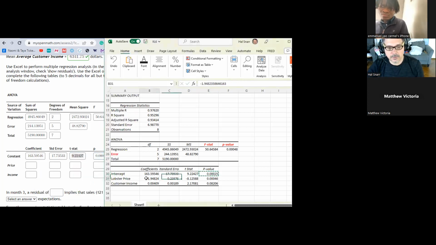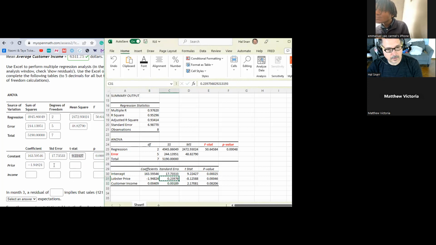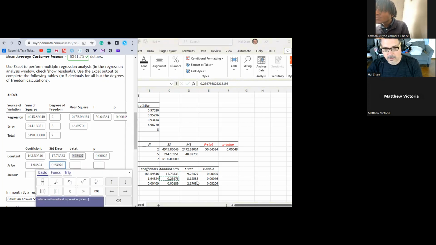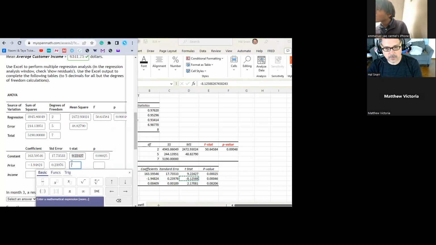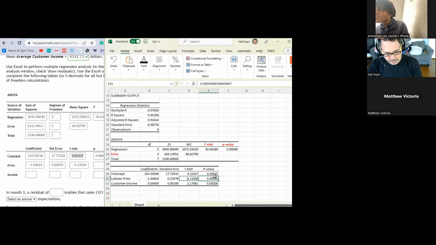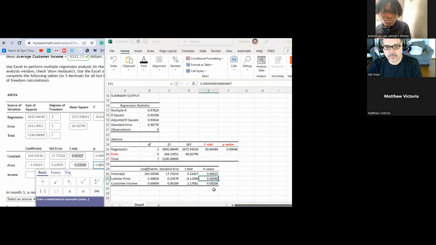Okay, so we just continue doing this. Here's our coefficient. This is our standard error. The ratio of those two numbers is negative 8.12588. And then the probability of being less than this negative number or being greater than a positive of that number is that value.